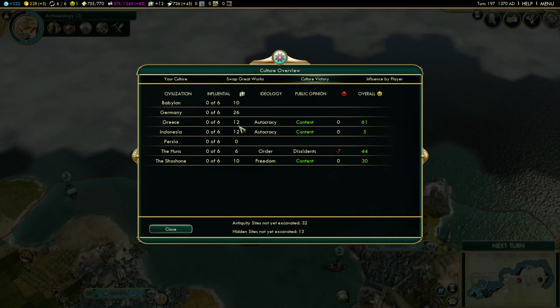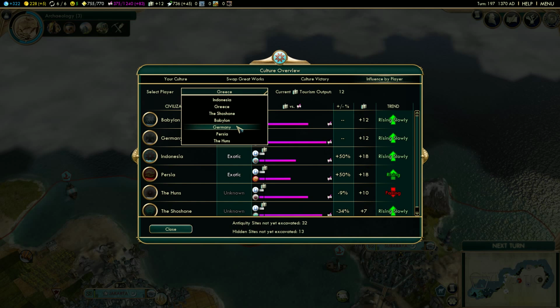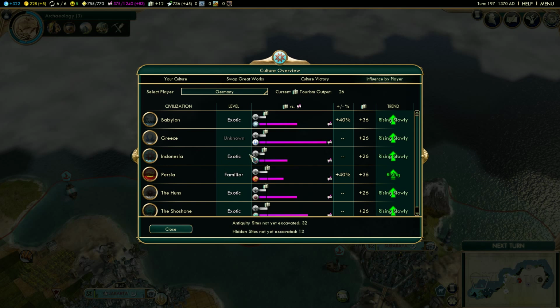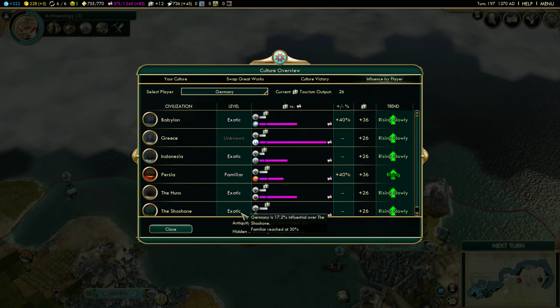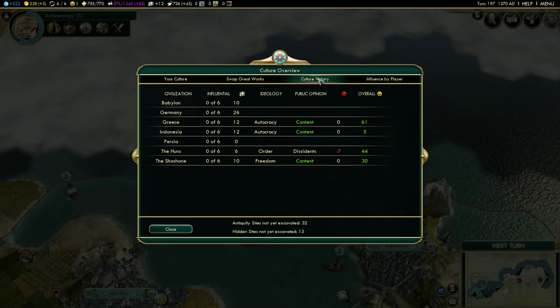Say you have Greece here with 12. They are probably reasonably influenced by Germany. Let's check that out. Yeah, they are exotic over a few civilizations, even familiar over Persia.